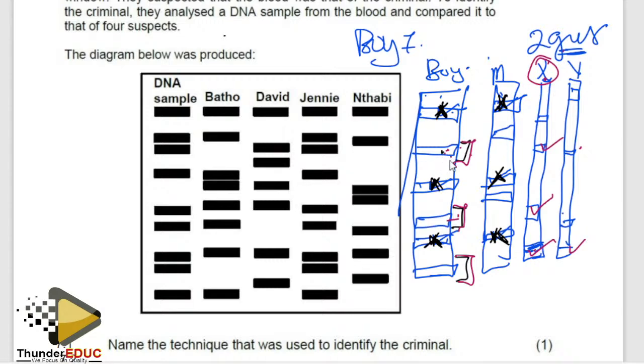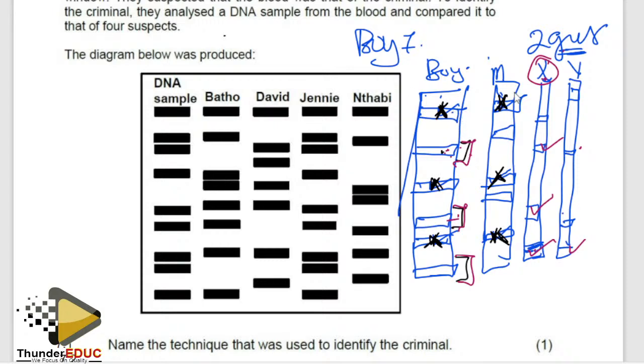All the remaining bars of the boy, after matching them with the mother, correspond with guy X. Is it clear? Because they always ask you this. Yes. And then students tend to go off.